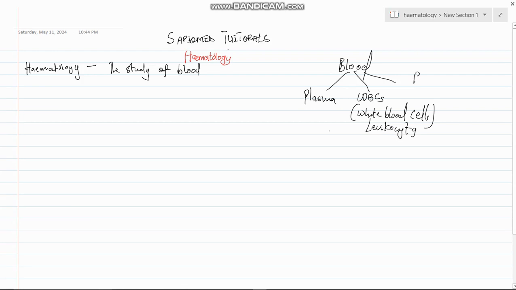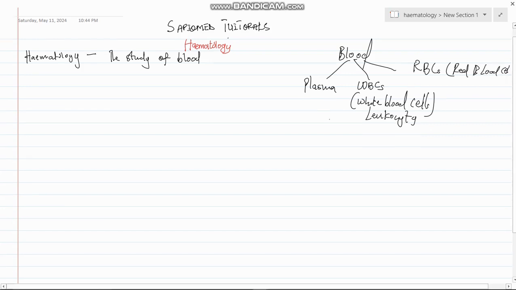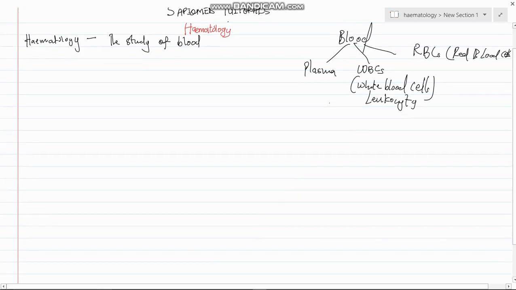We can also have RBCs, what is known as red blood cells, or erythrocytes. Then we have the last one, platelets, which are also called thrombocytes. So all these constitute the blood.